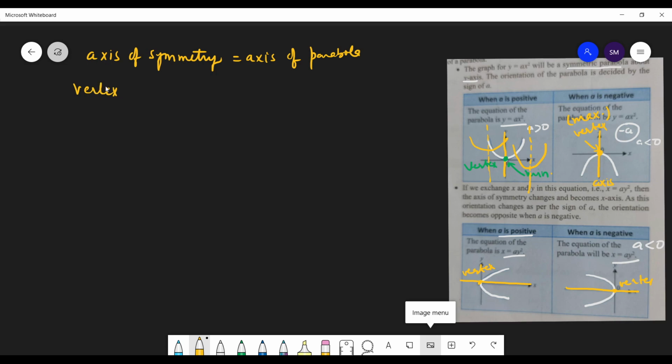So what is the vertex? The intersection of the axis and the parabola. Okay, so where do you have your axis, which divides the parabola into two similar parts? That's your axis. Got it?